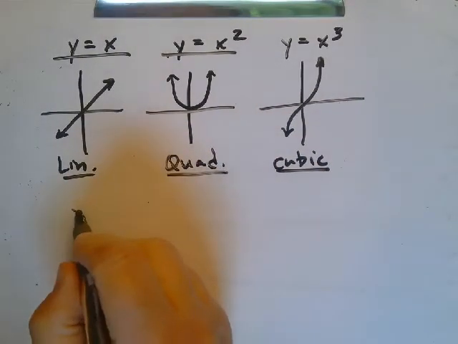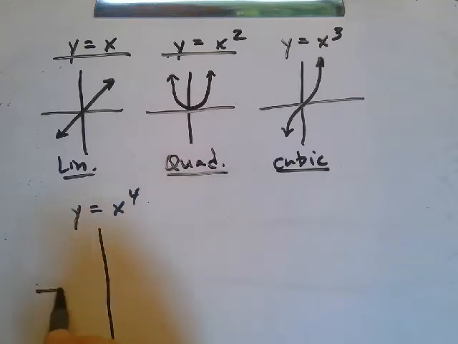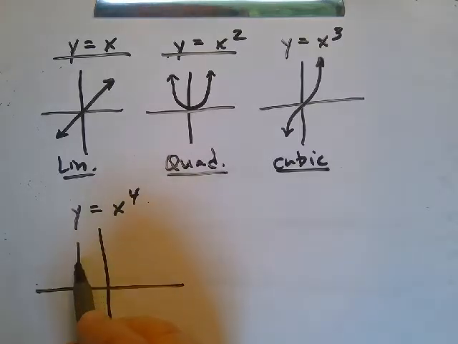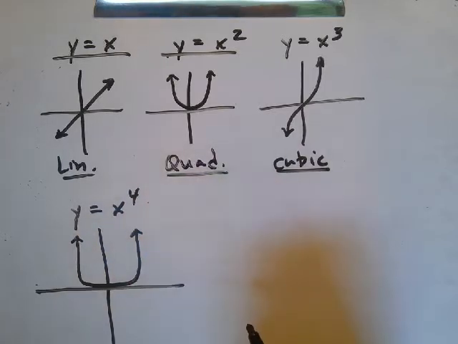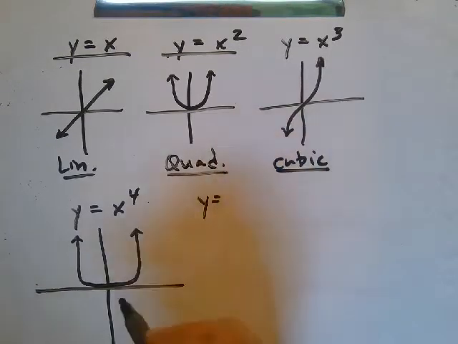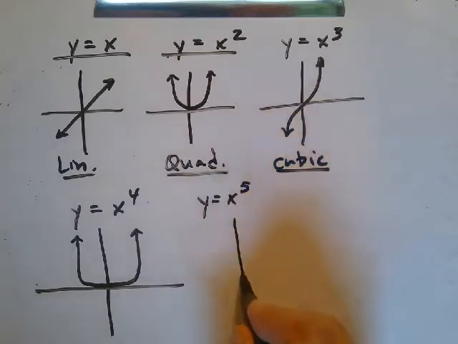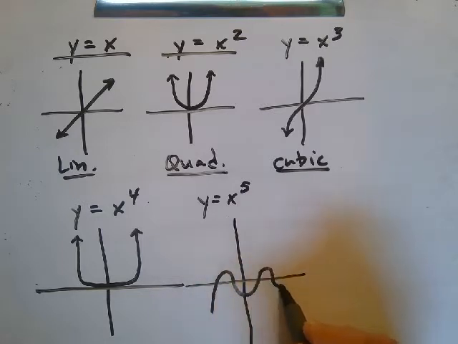And then if we went to y equals x to the fourth, we're going to see a symmetry just like quadratics, but usually the corners are a little sharper, something like this. And if we went up to the next, but by the way, that one doesn't really have a name, y equals x to the fifth, we're going to find a graph that looks more like this.